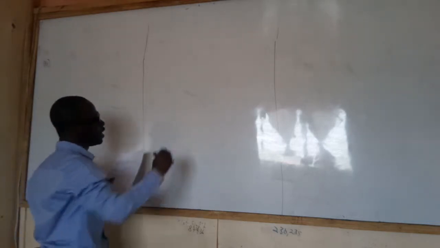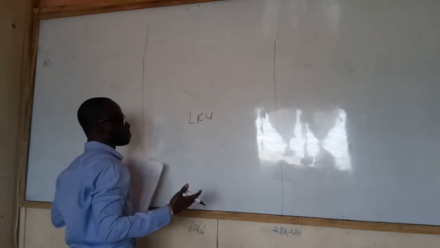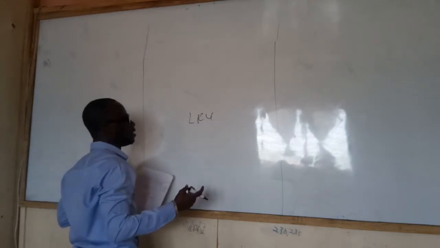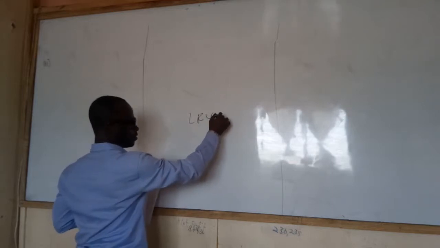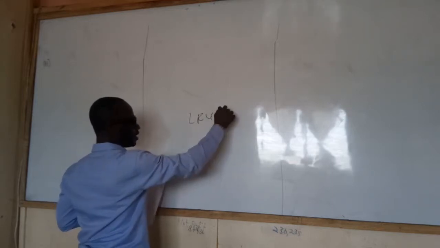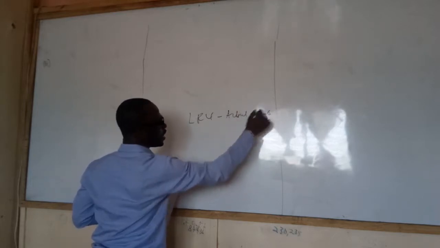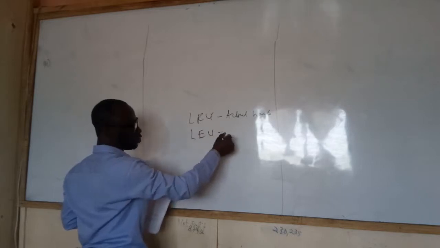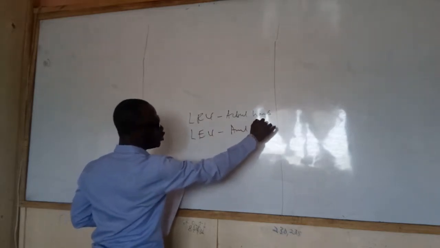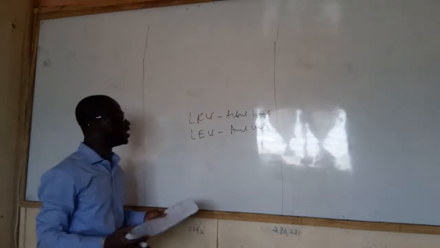Now, on a quick one, labor rate variance is based on the rate, the actual amount, and the actual hours, the hours that we use. Then the labor efficiency variance is based on the actual units that we have produced. I hope you are getting the idea.